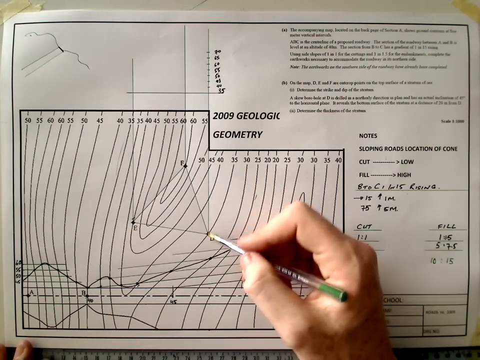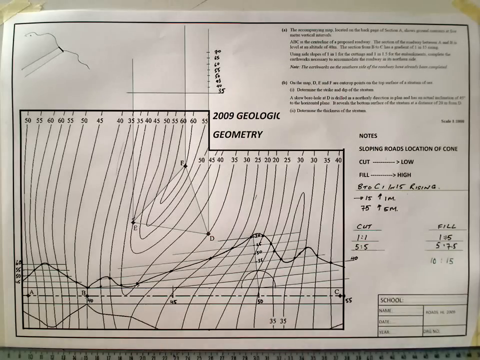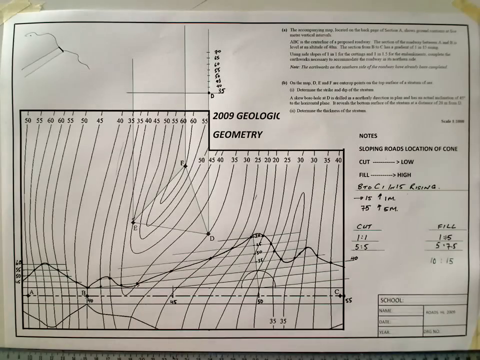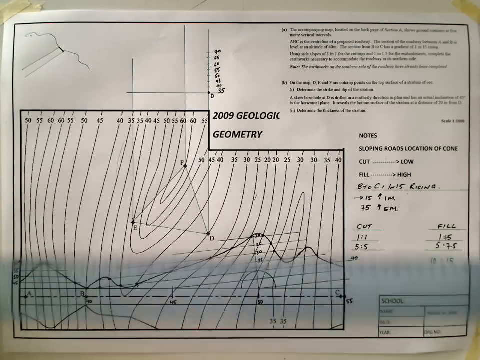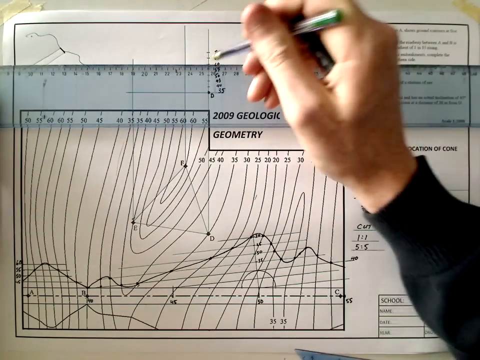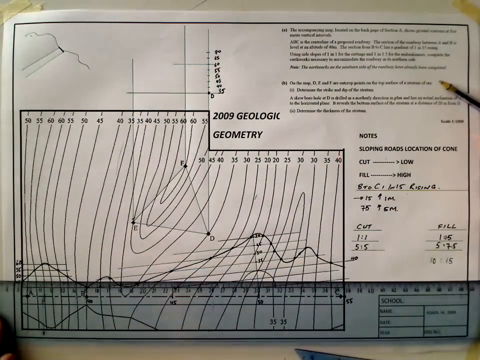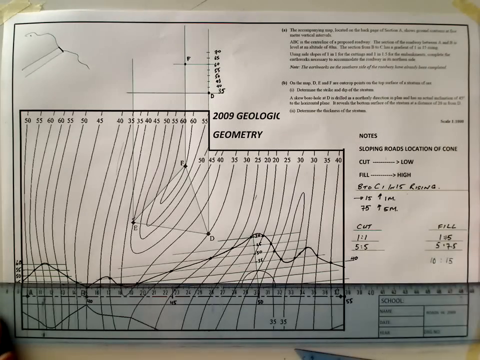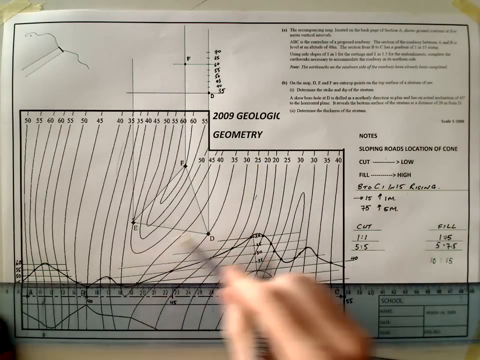So I can see that D is on 35. That's my point there, D. F is on 60. So there is F. And E is on 45.